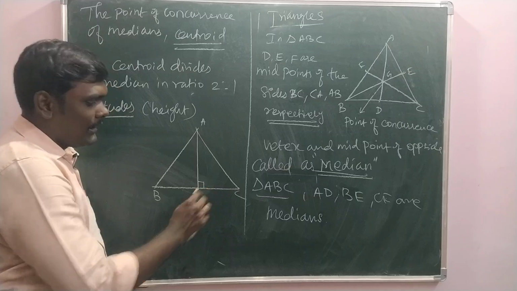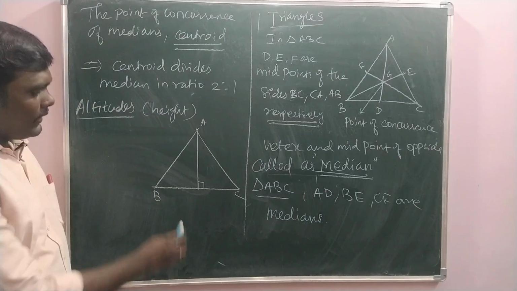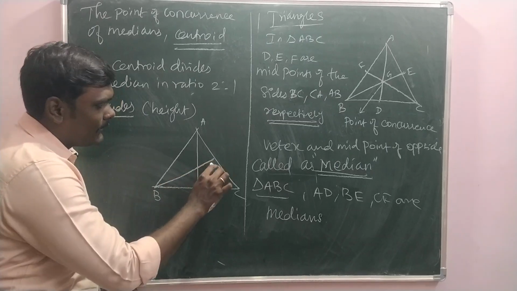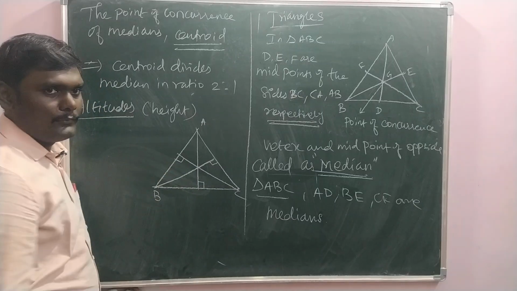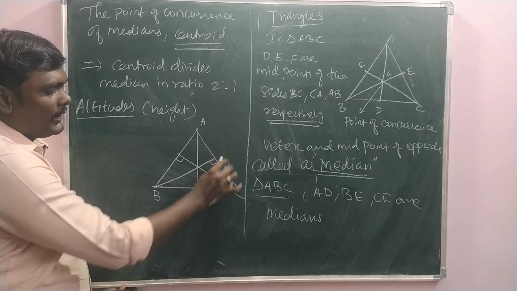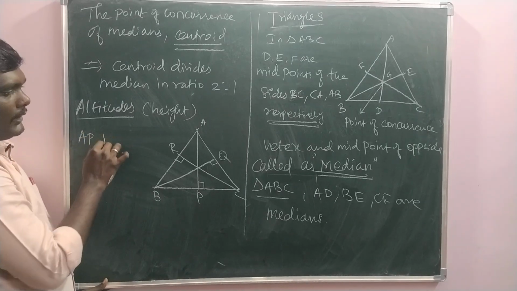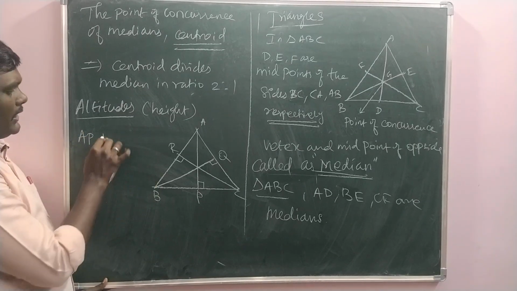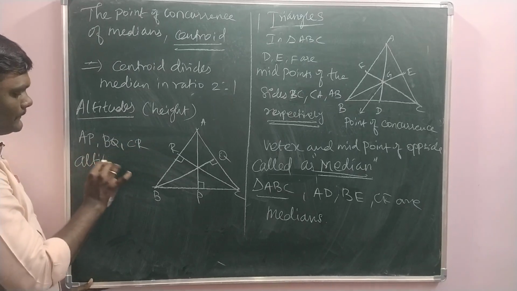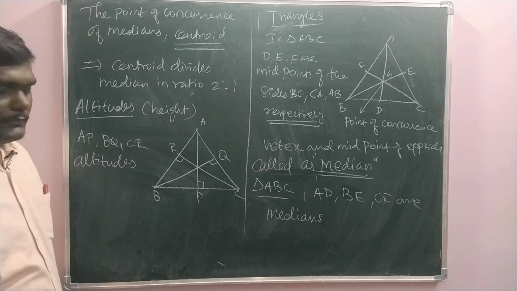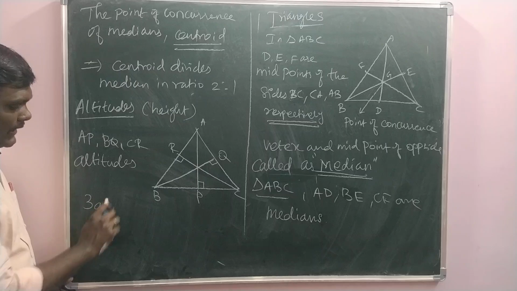What kind of line are we drawing? A perpendicular line, that is 90 degrees. From this vertex to the opposite side, that is called an altitude. Let me name the feet P, Q, R. AP, BQ and CR are called altitudes. How many altitudes do we have? As many as the vertices. 3 altitudes.